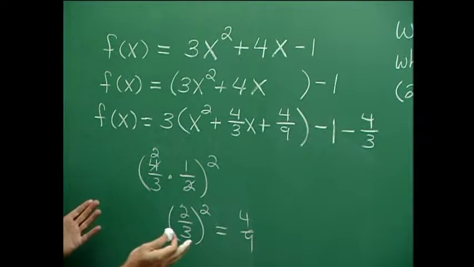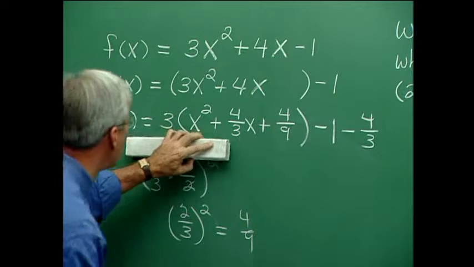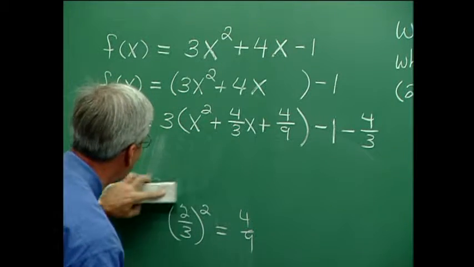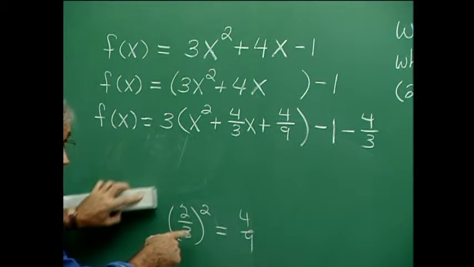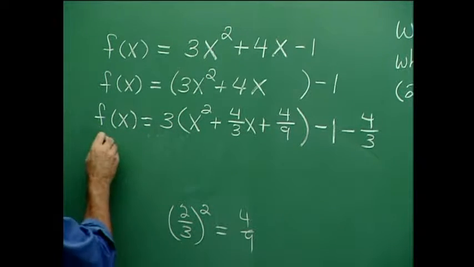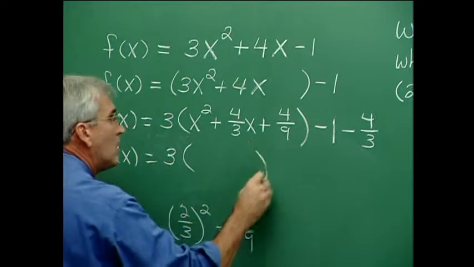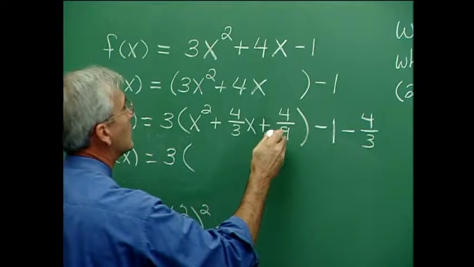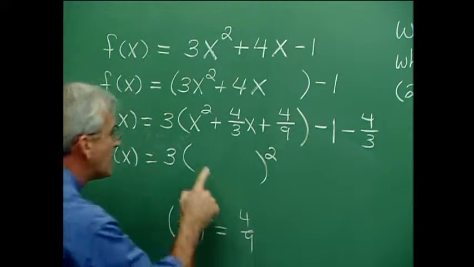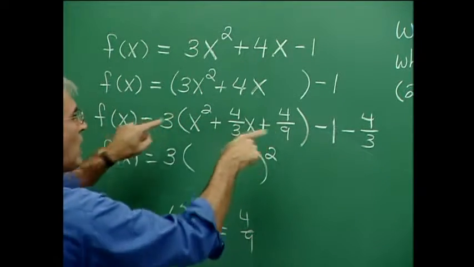Now the next challenge is to factor. That's not a real big deal if we keep track of the amount that we squared down here to add in. Here's what I mean. I've got 3 times, now, the amount squared. You see it's a binomial, and this is a trinomial square.